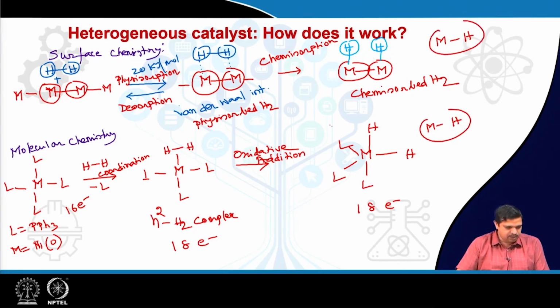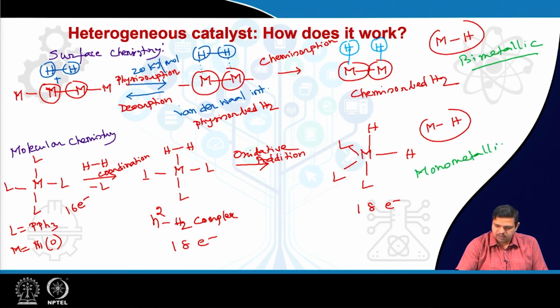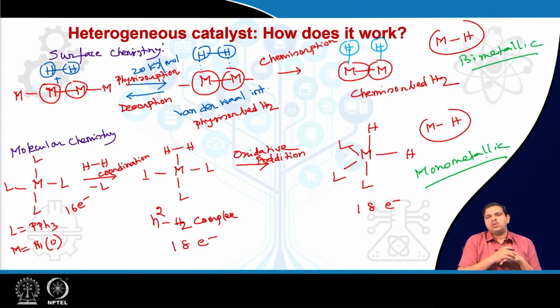But the basic difference you will see here is that the addition of hydrogen is bimetallic in nature, and for molecular chemistry it is generally monometallic. In some cases it may happen as bimetallic also, for example for dimeric compounds like di-gold complexes, di-silver complexes, or other bimetallic complexes, where oxidative addition by a bimetallic pathway is also possible.